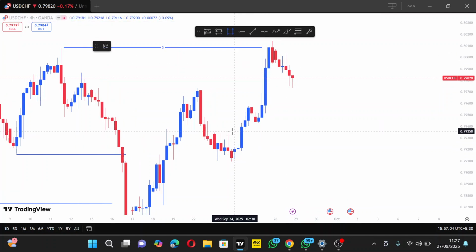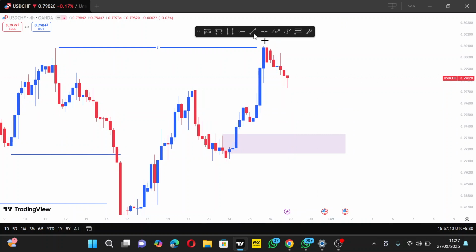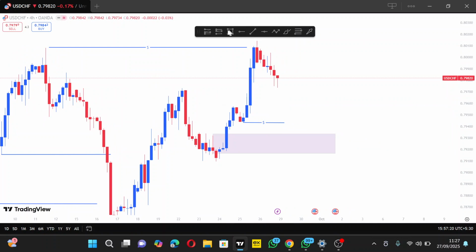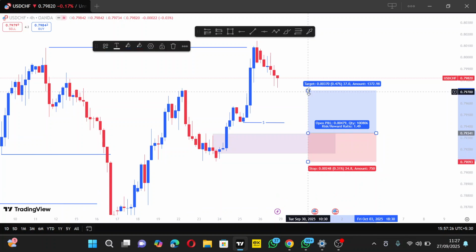We're going to take a good buy from here after this liquidity has been swept. So we're going to wait till price falls down to this area before we buy again.